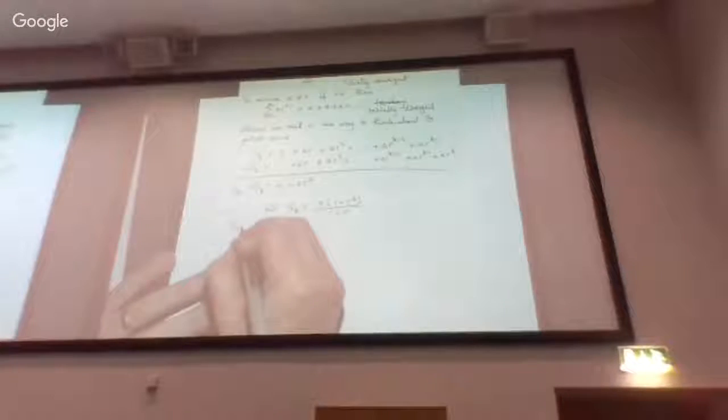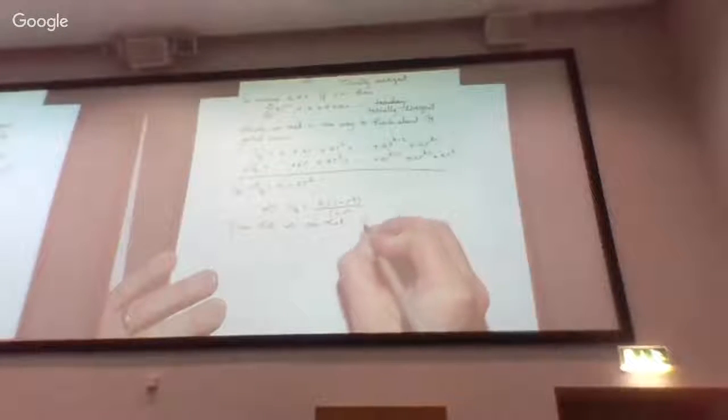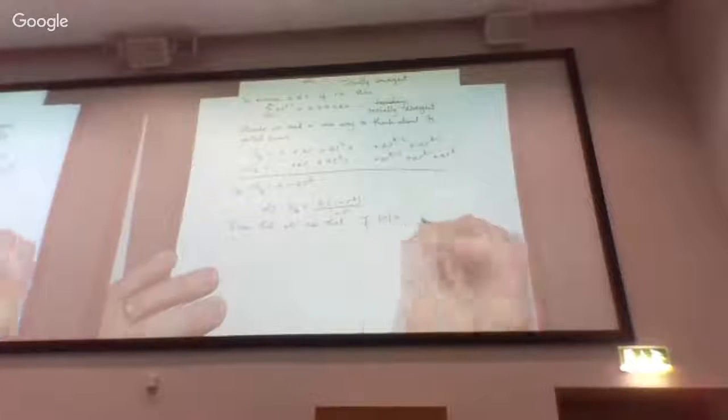So from this, we see that if the absolute value of r is strictly bigger than 1, what's going to happen to the partial sum? As k goes to infinity, as k gets larger and larger, if the absolute value of r is bigger than 1, what happens to r to the k? Does it shrink or grow? Grows.